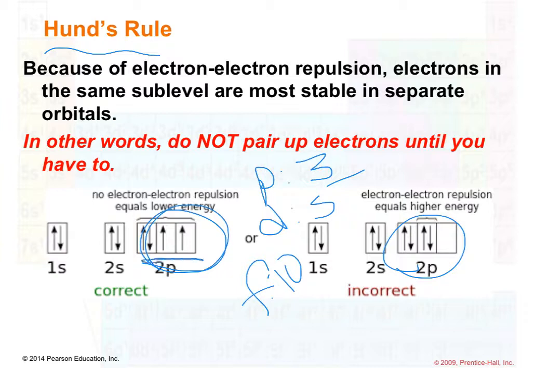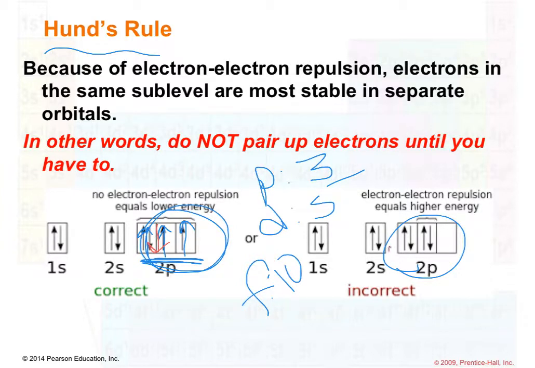Okay, these multiple orbitals within the same sublevel have equal energy. And so Hund's rule applies only to these orbitals. What it says is if you're dealing with equal energy orbitals, you must put 1 electron in each of the equal energy orbitals before you pair any of them up.